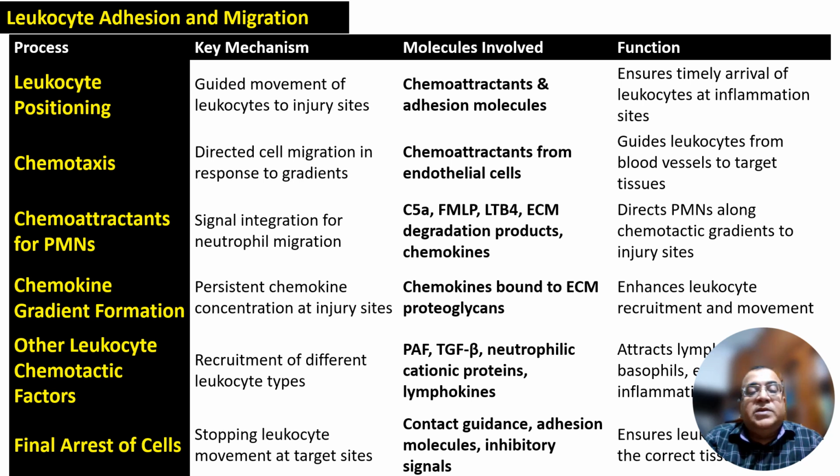So the first step after the transmigration is leukocyte positioning. The leukocytes are positioned by a guided movement toward the site of the injury, and this is achieved by chemoattractants and adhesion molecules, and this process ensures the timely arrival of the leukocyte at the site of the injury. Then chemotaxis directs the cell migration in response to the gradient.